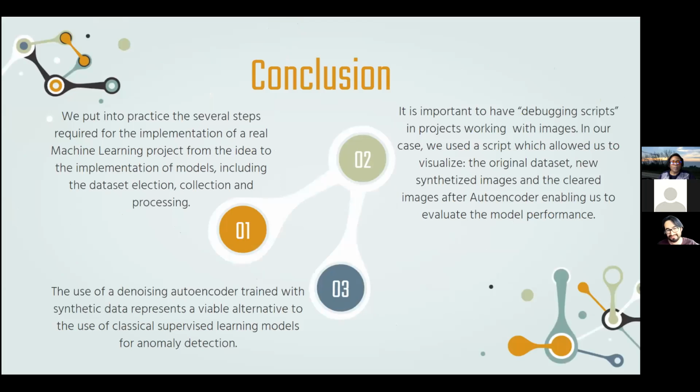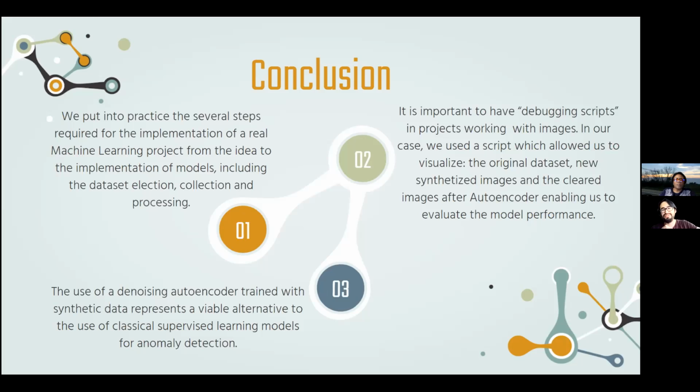Conclusion. There are many, but in a nutshell, the unsupervised learning way to solve this problem is very useful because we always have unbalanced information, and sometimes we don't have enough clean images. So for that reason, the flip library and synthetic data are key.